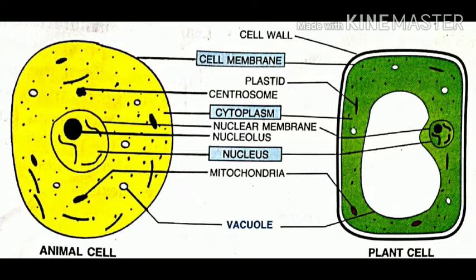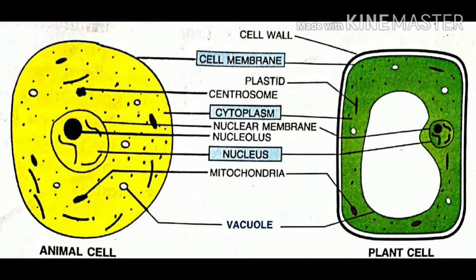Cell membrane is present in both plant cell as well as in animal cell, while cell wall is present only in plant cell. Some of the other names are also mentioned, such as vacuole, mitochondria, nucleolus, plastid, centrosome, etc.